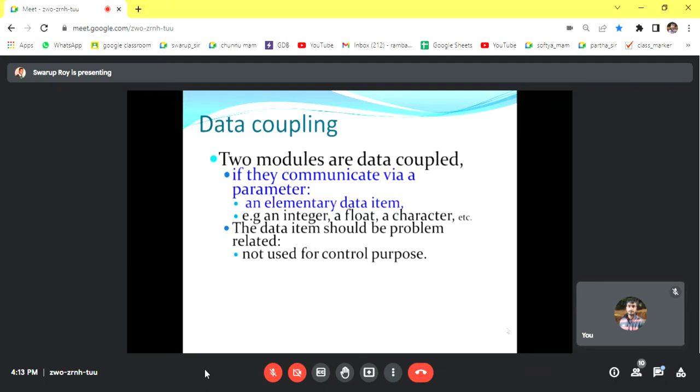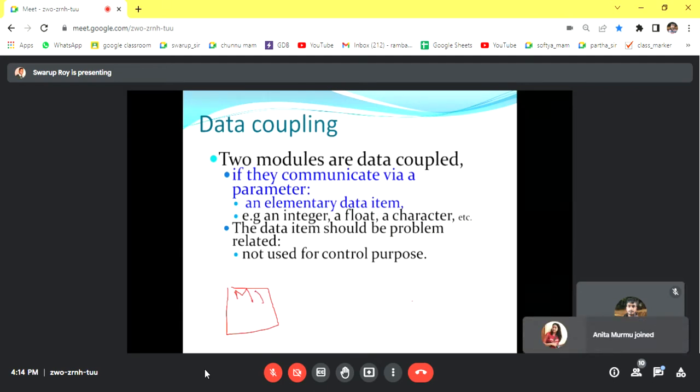Through this they communicate with each other. In other words, they have a common parameter or attribute which they take as an input through their function. Or the same data is produced by one function and used by another. Say this is module m1 and this is module m5.